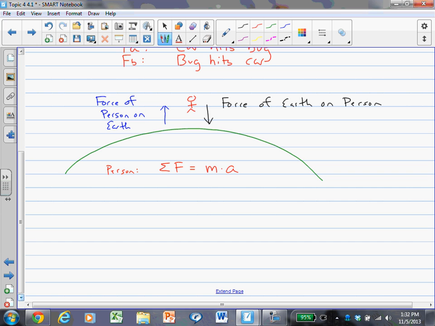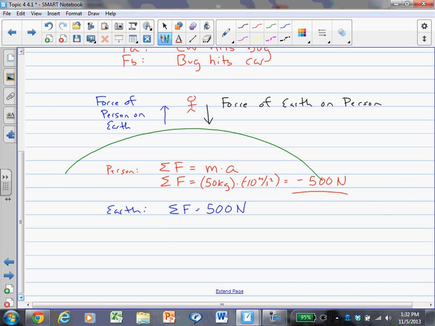Let's say it's a 50 kilogram person, times an acceleration of negative 10 meters per second squared, which gives us minus 500 newtons. Because it's equal and opposite, the force the Earth feels is 500 newtons up.